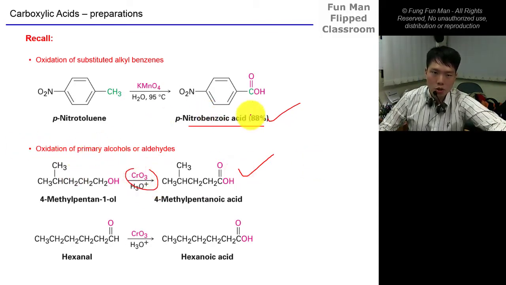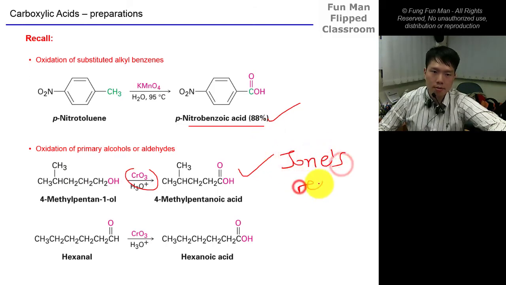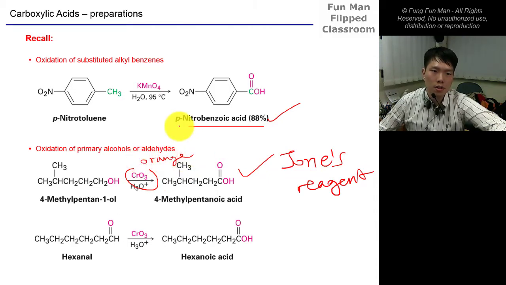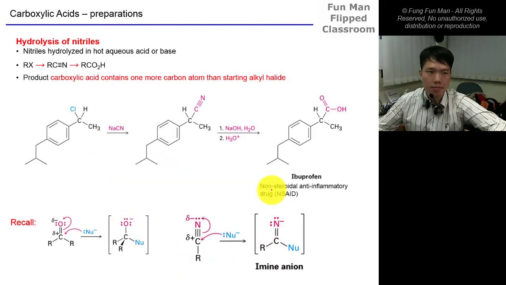Revision, huh? Jones reagent. Chromium(VI) oxide. What color? Orange. Right. And hexanal, using Jones reagent, you get hexanoic acid.